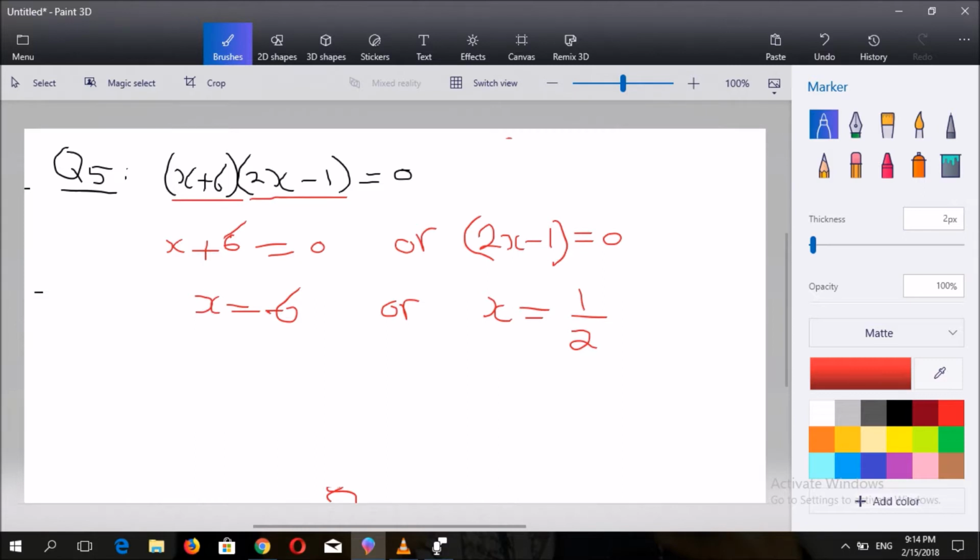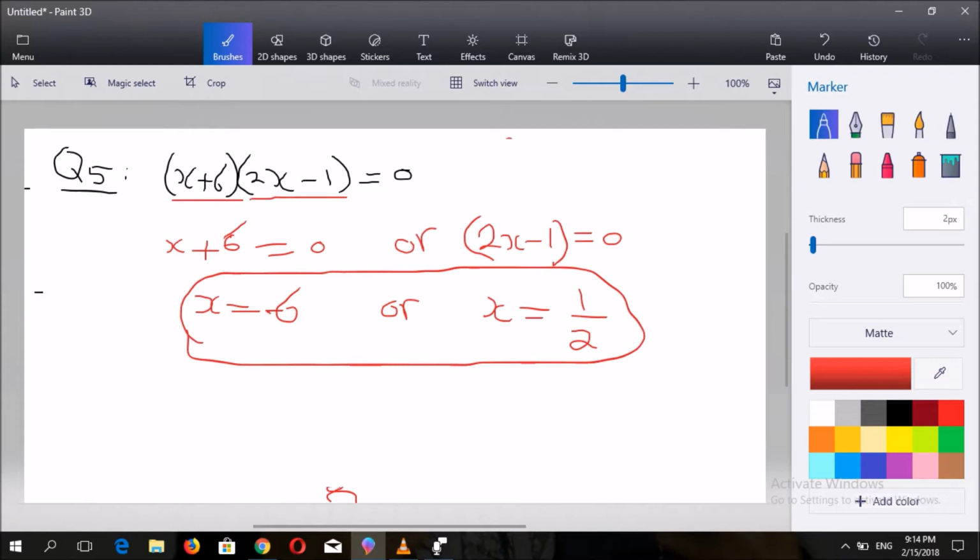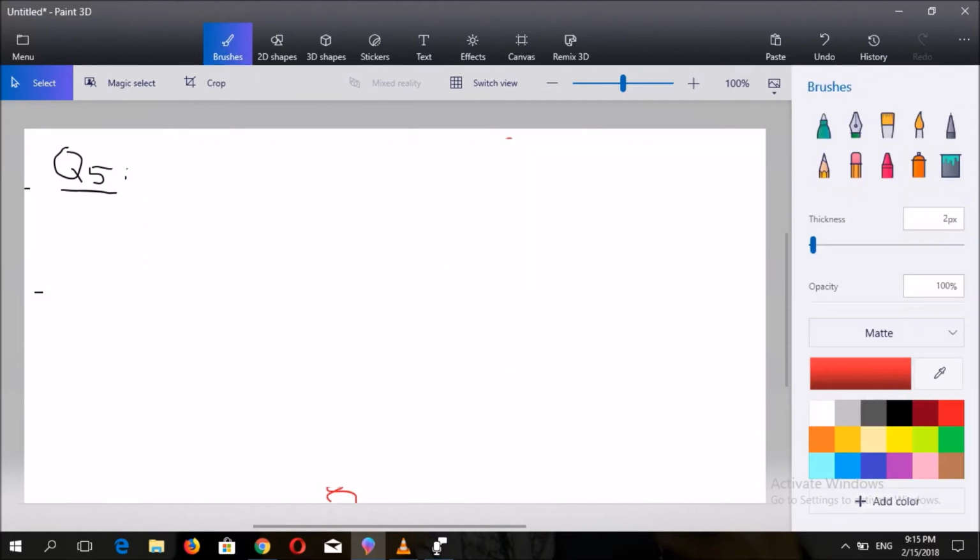Now this is called an equation, because an equation has two sides. This is the left hand side of the equation and this is the right hand side of the equation, and there is an equal sign between the two sides. So when you are given a question like this asking you to find the value of x, this means that you need to find the value of x which is going to make this equation true.